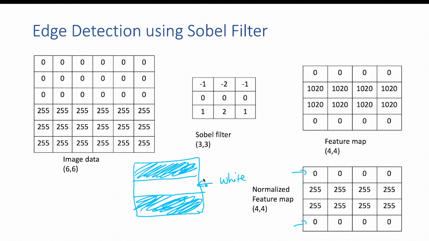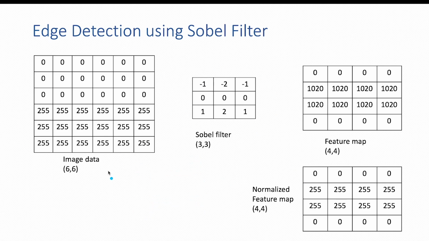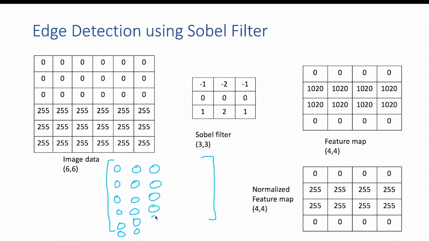We can also consider a different Sobel filter, performing edge detection for a different type of data. Let's say that we now have image data represented as follows, right? All the first 3 columns are going to be zeros, and the subsequent 3 columns are going to be ones here.